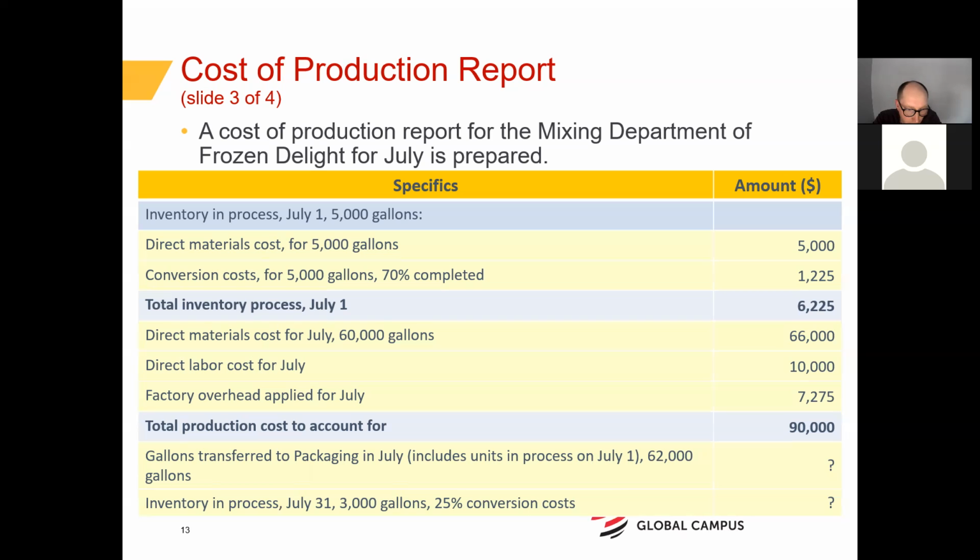And so what we do is we find the amount that we've transferred to the packaging department, which is the next stage of work in process, or next department of work in process, including the completed units. So in this example, it's 62,000 gallons, and the inventory in process at the end of the month, we have 3,000 gallons remaining at 25% complete, 25% conversion cost.